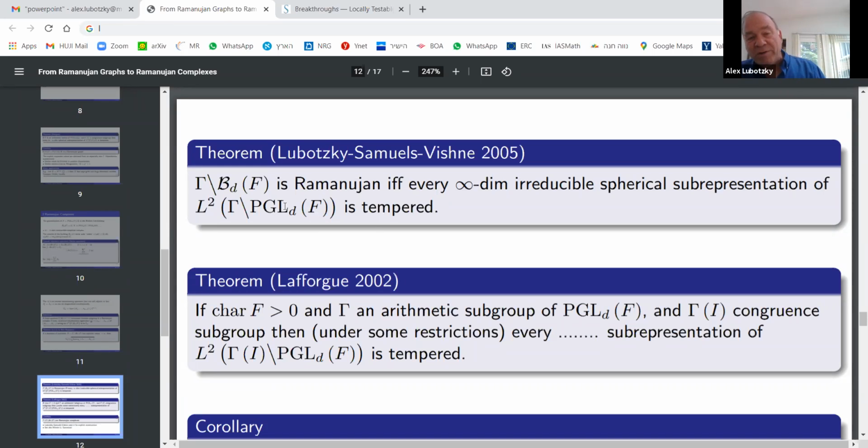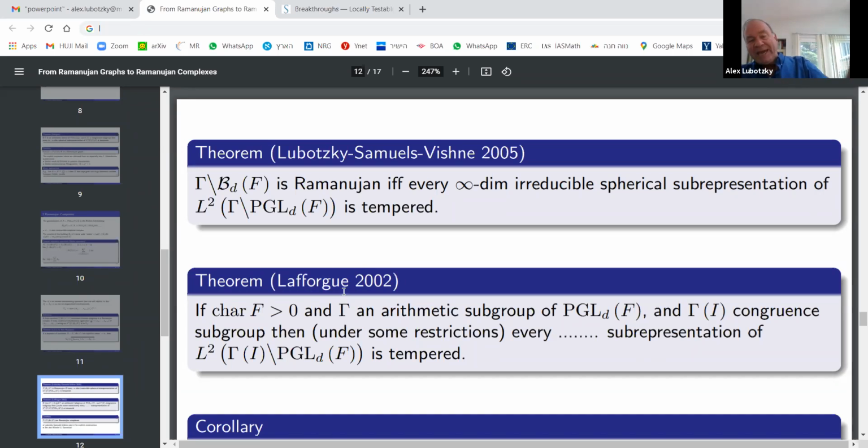Why did we do it? We did it exactly after the work of Laforgue. The work of Laurent Laforgue, because I'm going to mention his brother soon. Laurent Laforgue got the Fields Medal for proving the analog of Deligne in characteristic p, but also in higher dimensions.